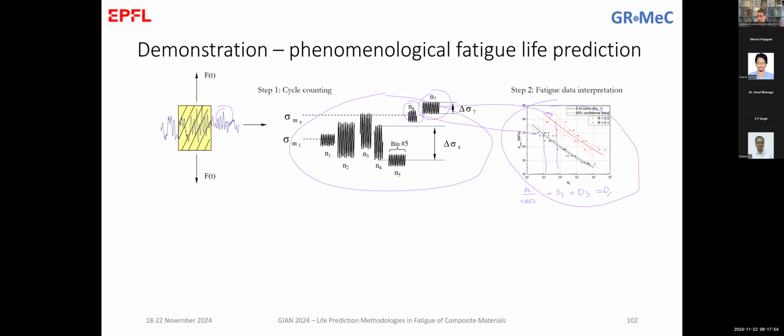And according to Miner, if this is less than 1, then we are safe. Depending on how far from 1 we are, the safer we are. The problem that I see here is that I probably have SN curves that do not correspond. We have counted data that do not correspond to any SN curve.